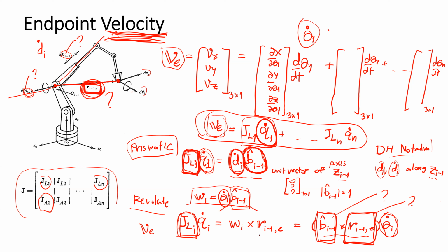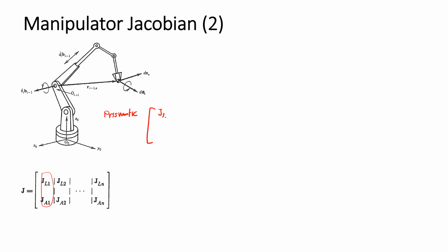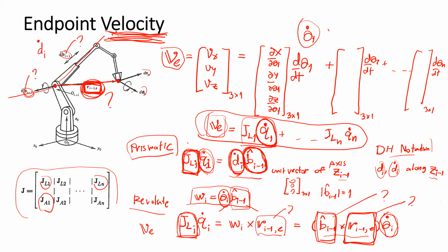Okay, for prismatic, the full Jacobian for linear translation of joint i and for angular velocity of joint i relates the joint velocity and the endpoint velocity.